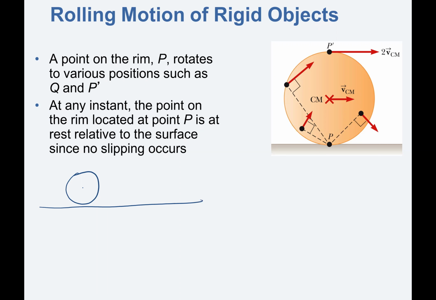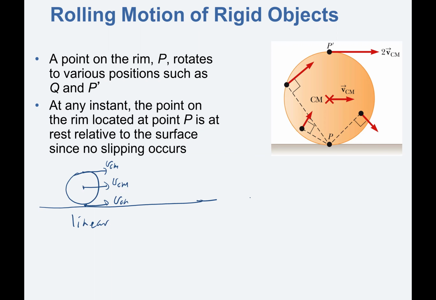When you're sliding, this is V center of mass, and the center of mass is moving at the same speed as the top and the bottom. So you're just moving linearly without rotating, which means the top, the bottom, and the center are all moving with the same speed. So this is linear.